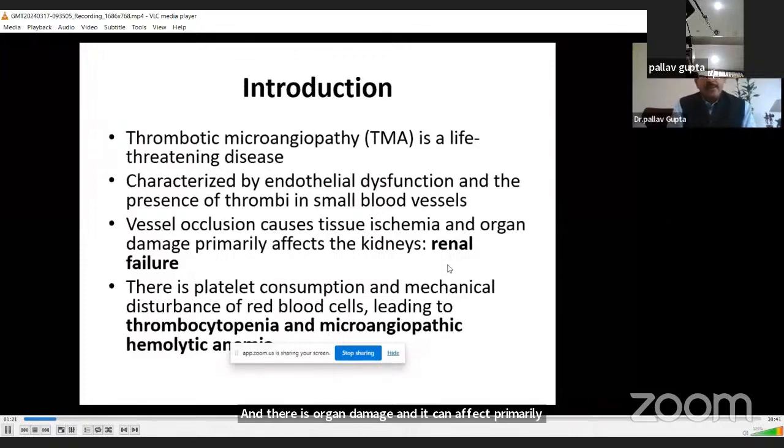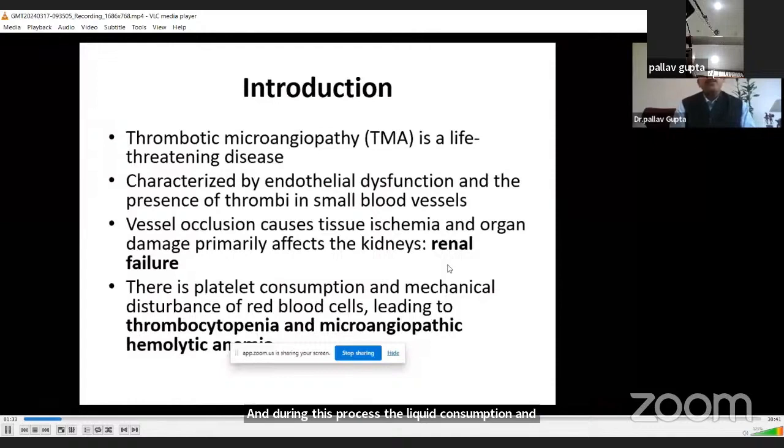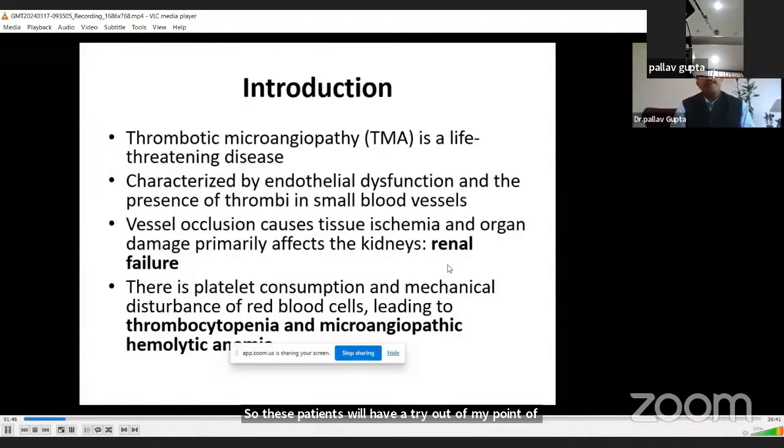That's why we have renal failure in these patients, although it can affect other organ systems as well. During this process, there is platelet consumption and mechanical disturbance of red blood cells, and that's why we have thrombocytopenia and microangiopathic hemolytic anemia. So these patients will have a triad of microangiopathic hemolytic anemia, thrombocytopenia, and renal failure.